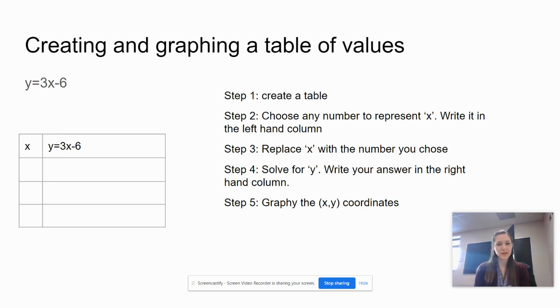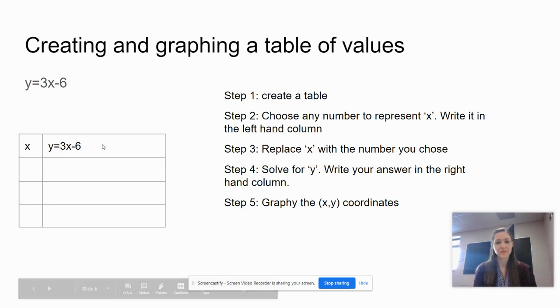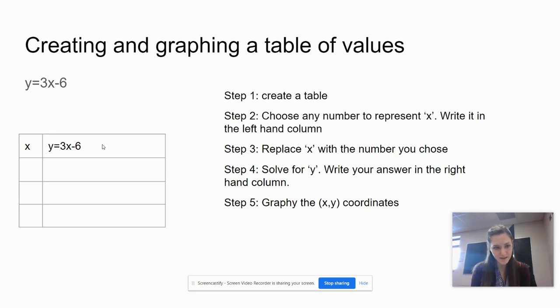Okay, so step one in graphing a table of values on your AccuPlacer exam, for example, they're going to give you an equation and they'll say create a table of values and put it on a graph. Step one would be create your table, and your table would look something like this over here, where you have x on one side and the equation that they gave you on the other side. Then you get the freedom to choose any number in the world to represent x.